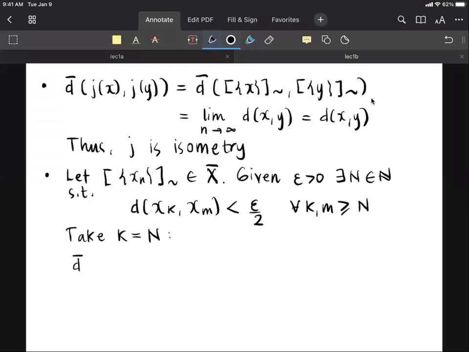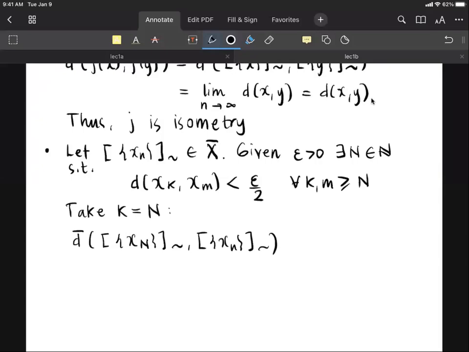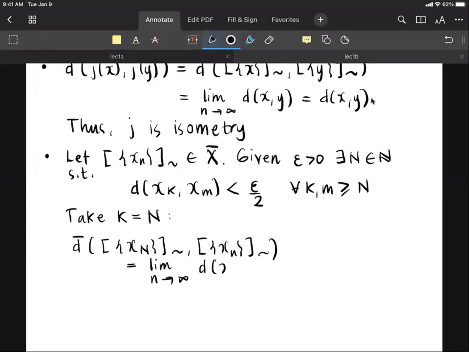by definition of d bar, the distance of the equivalence class determined by the constant sequence x sub capital N and the Cauchy sequence x sub n is the limit as n goes to infinity of the distance of x sub capital N and x sub n.